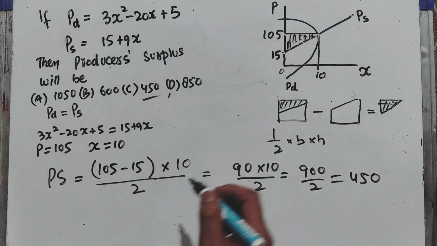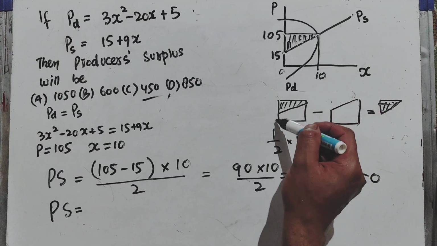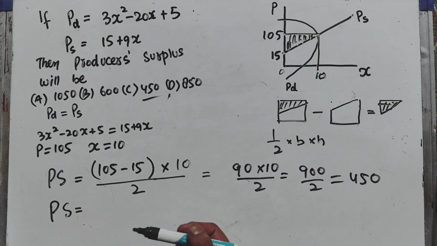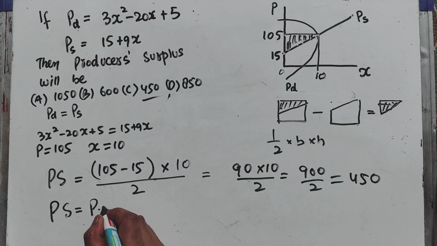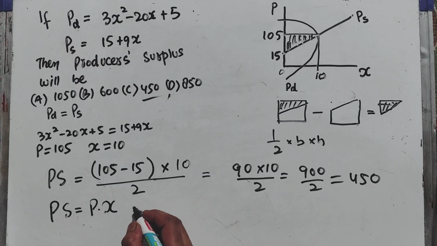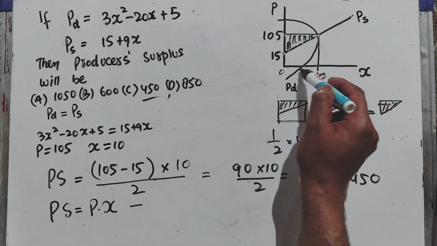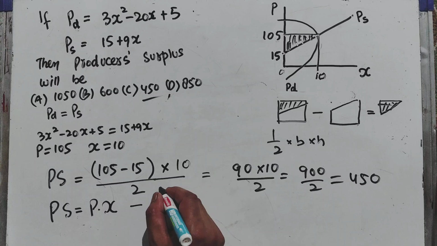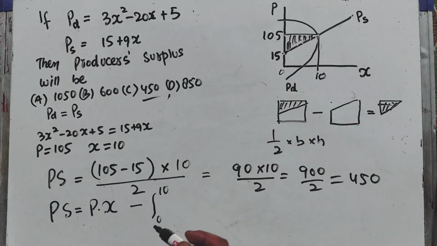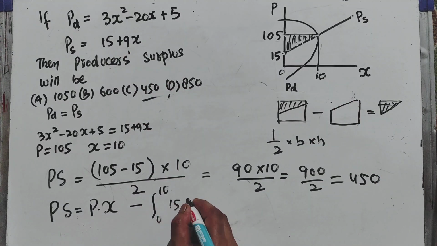Producer surplus with calculus: the area of the whole rectangle is price into quantity, which is the total revenue, minus the area of this region, which is the definite integral from 0 to 10 of the supply function, 15 plus 9x.